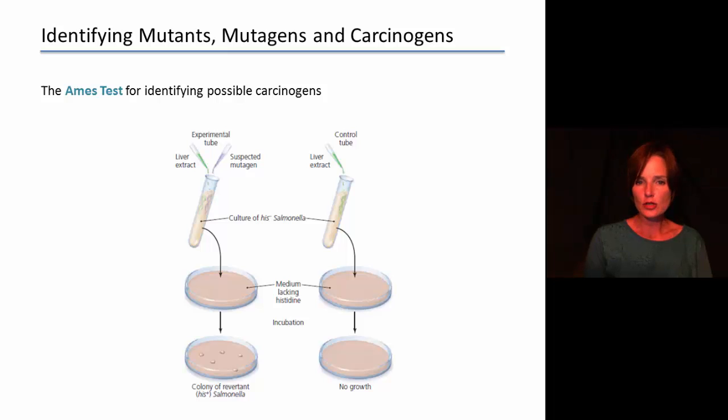We take those bacteria and add a suspected carcinogen, a suspected mutagen, and basically we look at whether or not it is able to restore growth to certain cells. If we end up getting cells that are now able to grow on this media, they would be assumed to be mutants, which means that yes, this is a carcinogen because it is able to cause mutations.